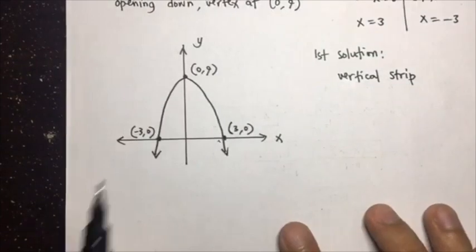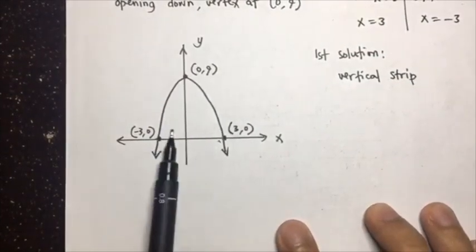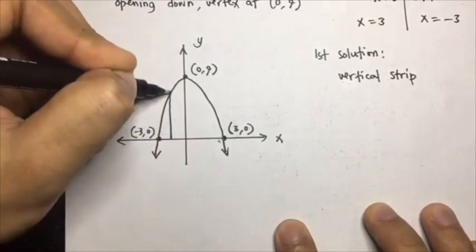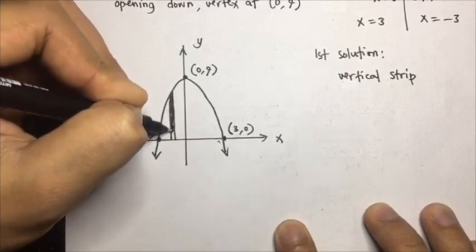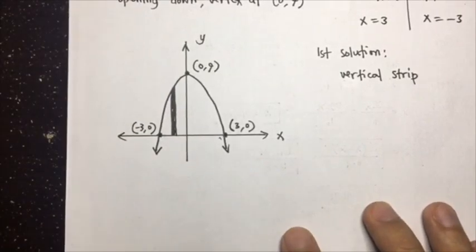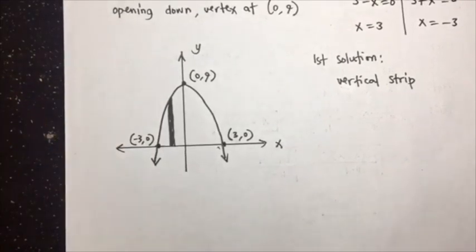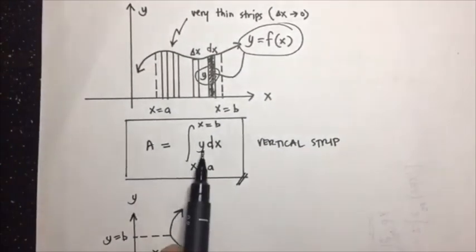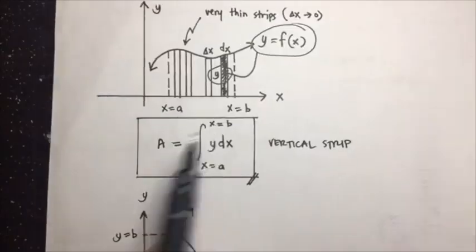We imagine that this whole area will be divided into vertical strips. Say for example we have this strip. Since this is a vertical strip, from our formula, it's y dx from x is equal to a to x is equal to b.